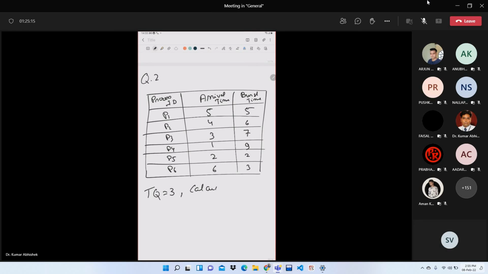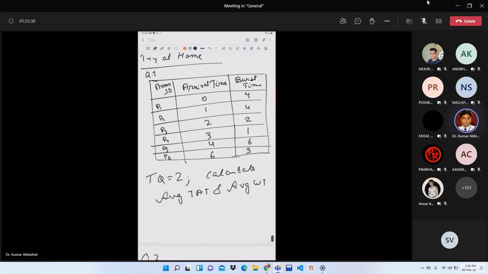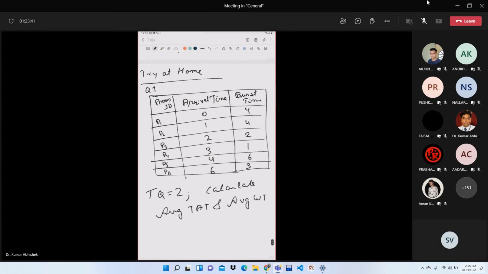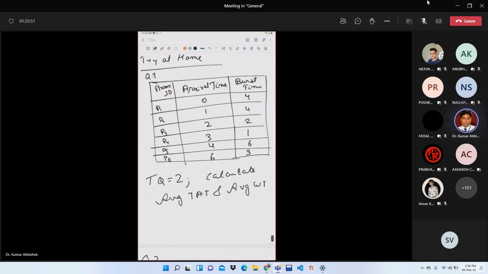Calculate average TAT and average waiting time. So this is question number 1, this is question number 2. Can you please show question number 2? Just a minute.